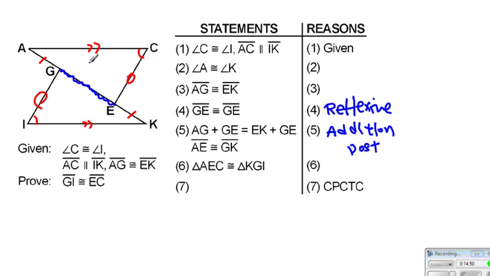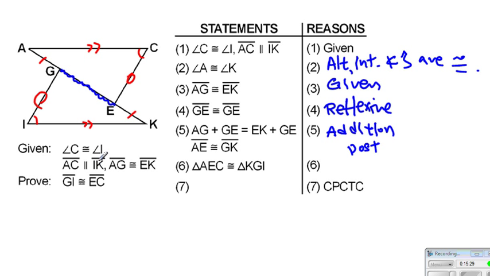All right, number 2, angle A is congruent to angle K. Once again, because of the parallel lines, we can write alternate interior angles are congruent in parallel lines. Number 3, AG is equal to EK. That was given. And those two triangles are congruent because of one side and another side. One side, and where's the second side?